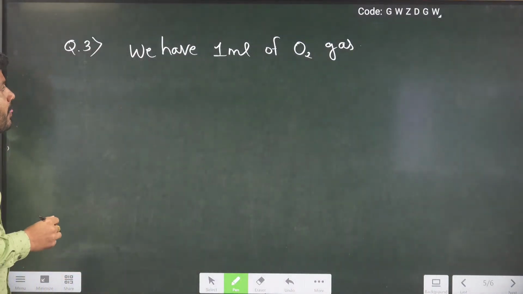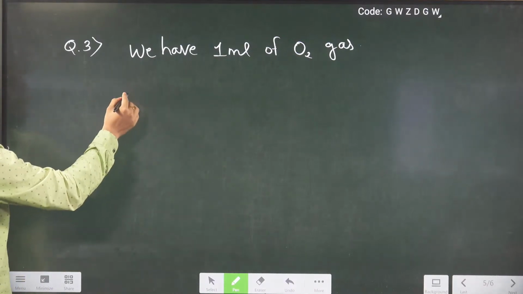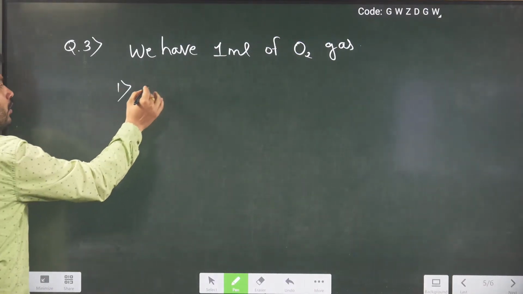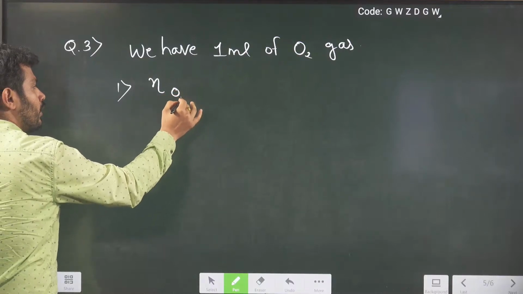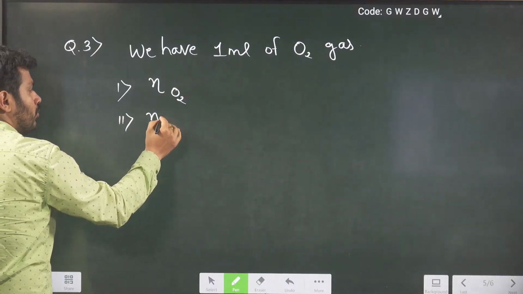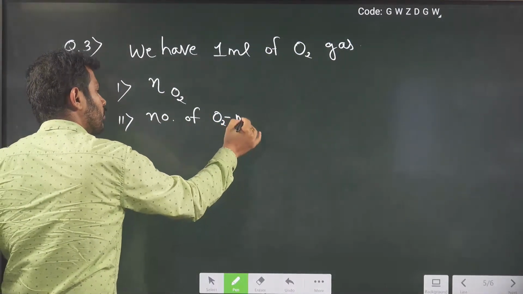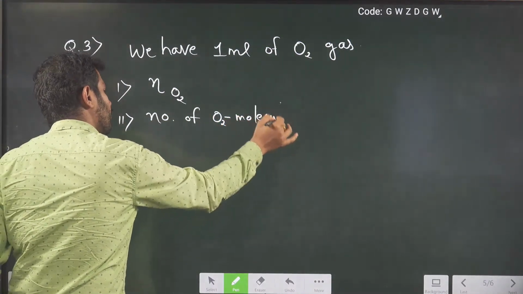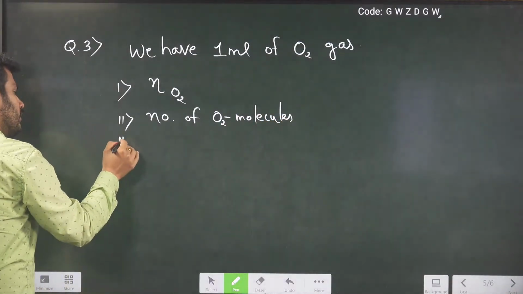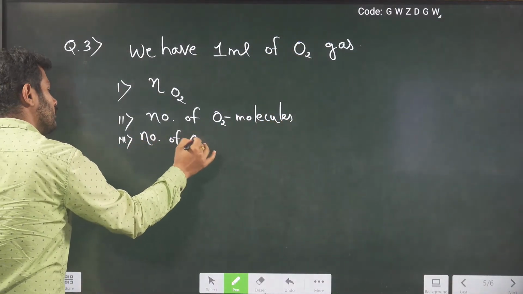Okay. Now, we have 1 ml of O2 gas. What are the things we have to calculate? Point number 1, number of moles of O2 gas. Point number 2, number of oxygen molecules. Number 3, number of oxygen atoms.